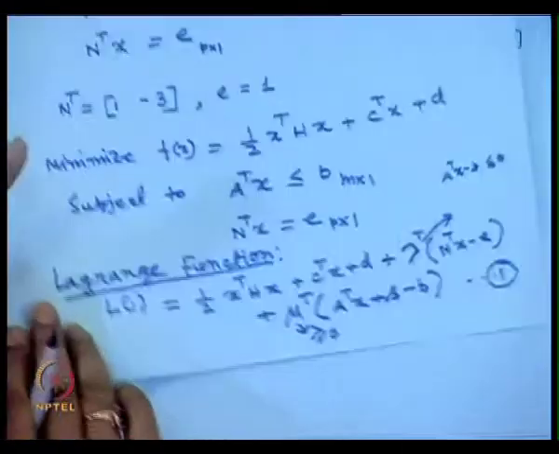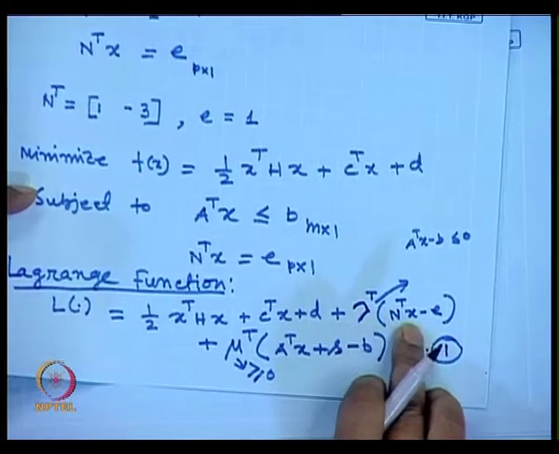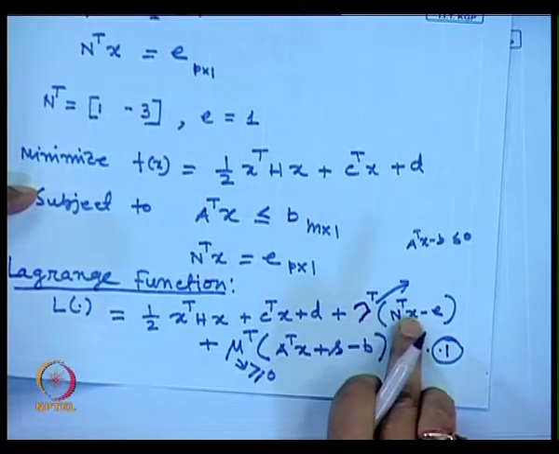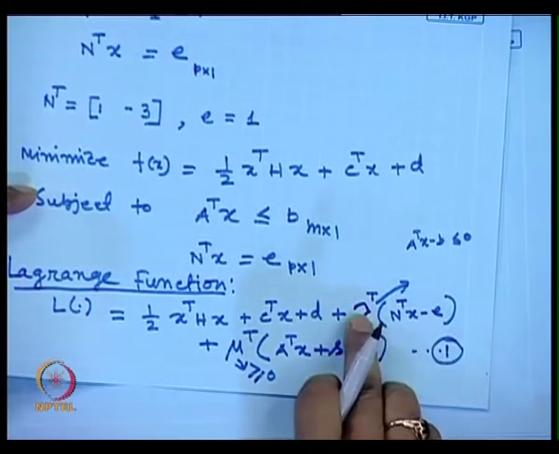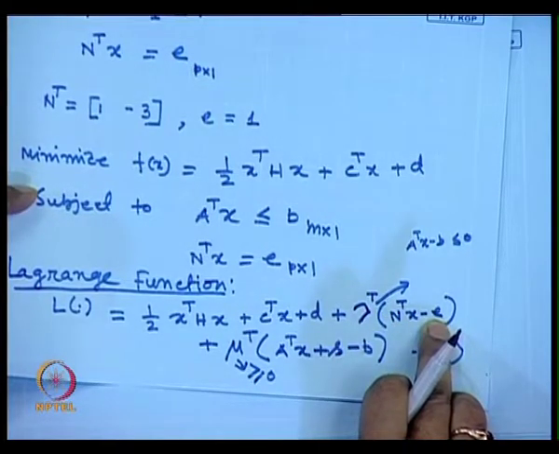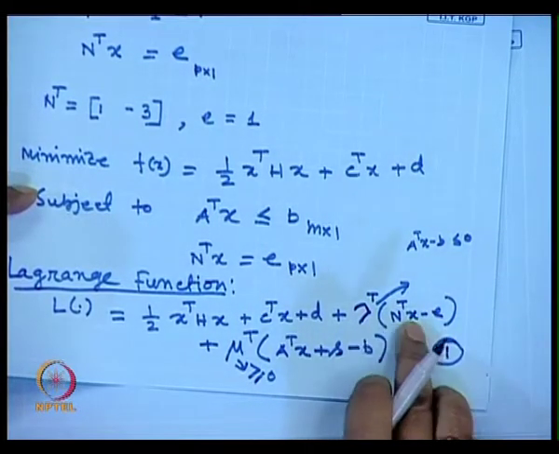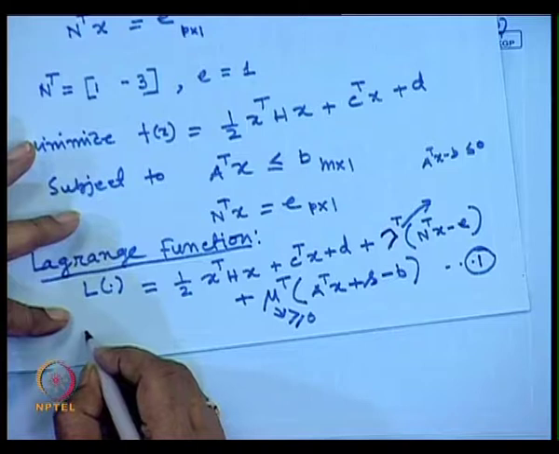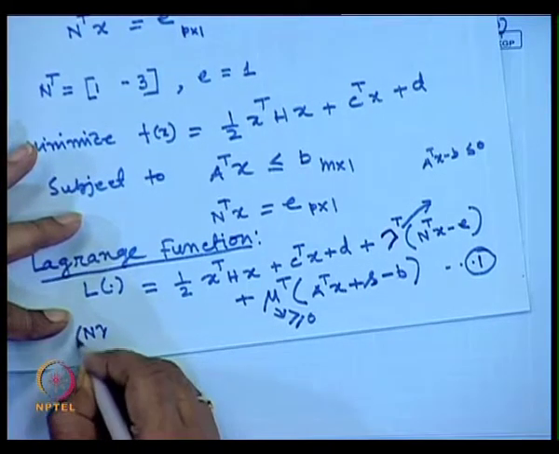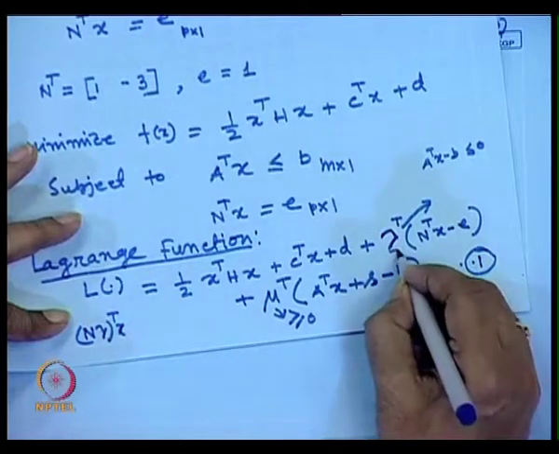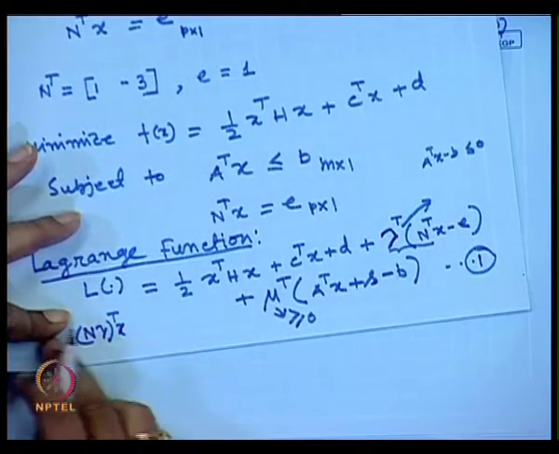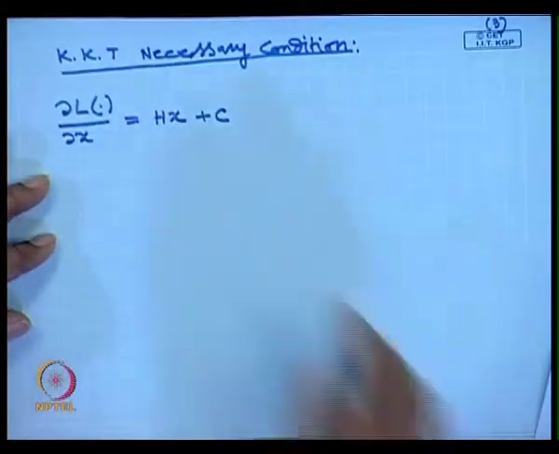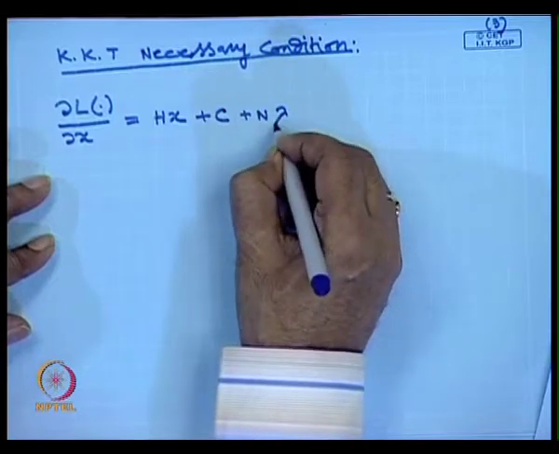Then the x term is involved in the first bracket. Lambda transpose N transpose x has x, but lambda transpose E has no x involved, so that term will be 0. I can write this as N lambda whole transpose x. Differentiating with respect to x gives N into lambda.